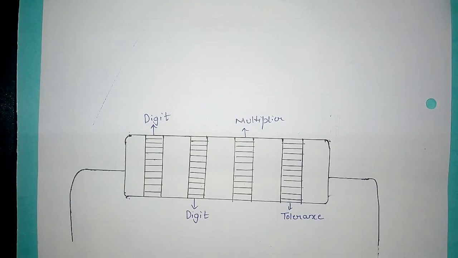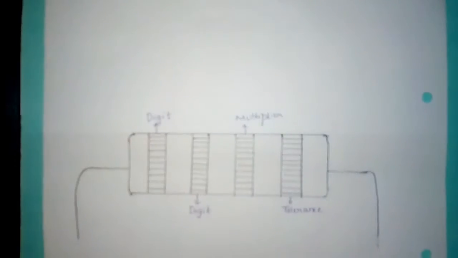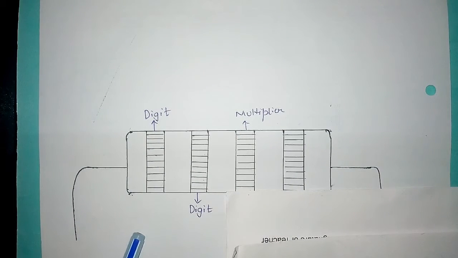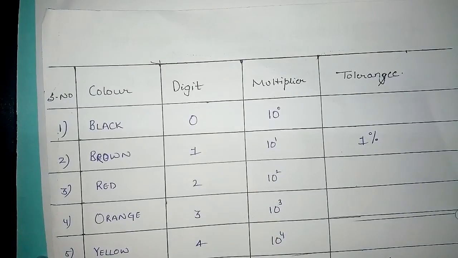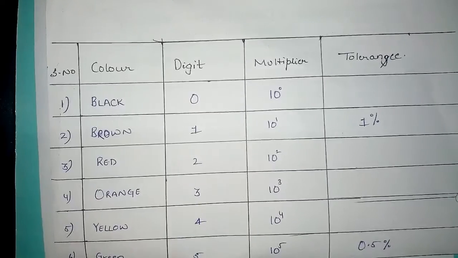So we will discuss the numerical values, like the first two digits, which I said before. Like, there are different colors present in this. So first we will go through one table which is there with us. So this is the color coding table, the basic color coding table, which is required for the students.